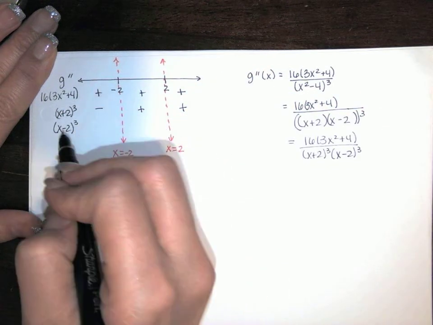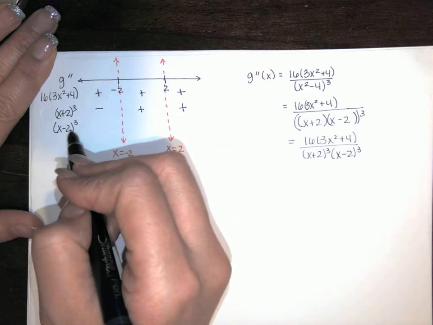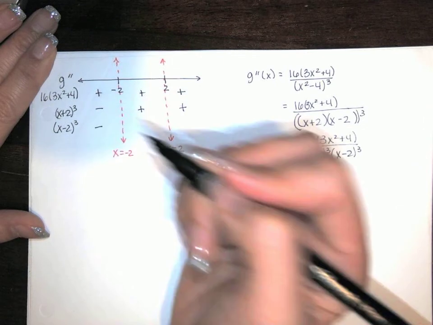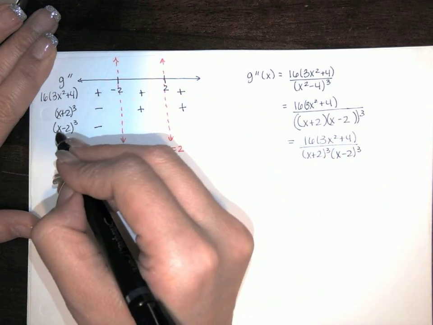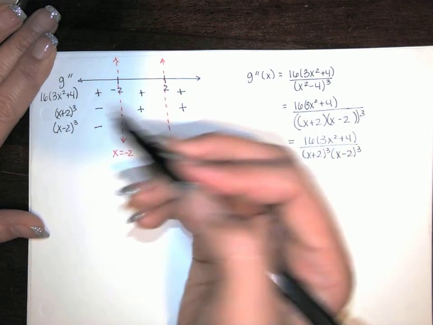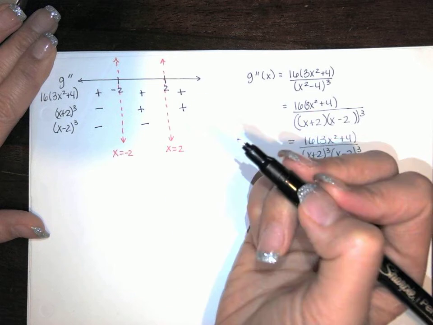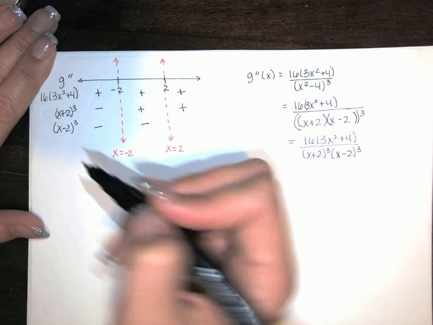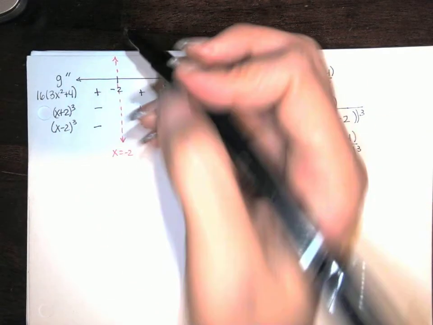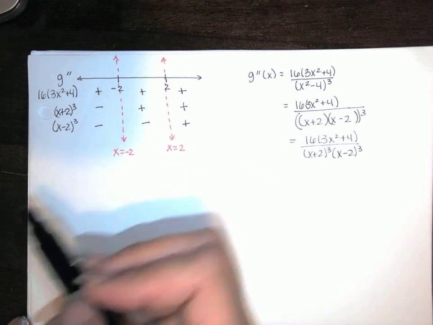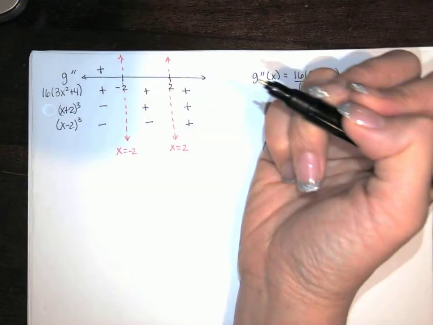Do the same thing with this one. Substitute in negative 3. Negative 3 minus 2 is negative 5. Negative 5 cubed is negative. Substitute in 0. 0 minus 2 is negative 2. Negative 2 cubed is negative. Substitute in 3. 3 minus 2 is 1. 1 cubed is positive. So I've got a positive divided by a negative times a negative. So that's going to be positive.